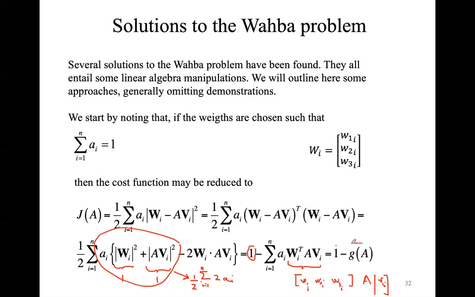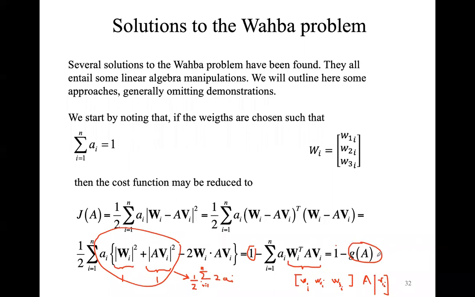This one is the function G(A). It is a function of the attitude matrix, and is a sum of those observation products. You have the row vector for the observable times the attitude matrix times the body in the inertial reference frame.